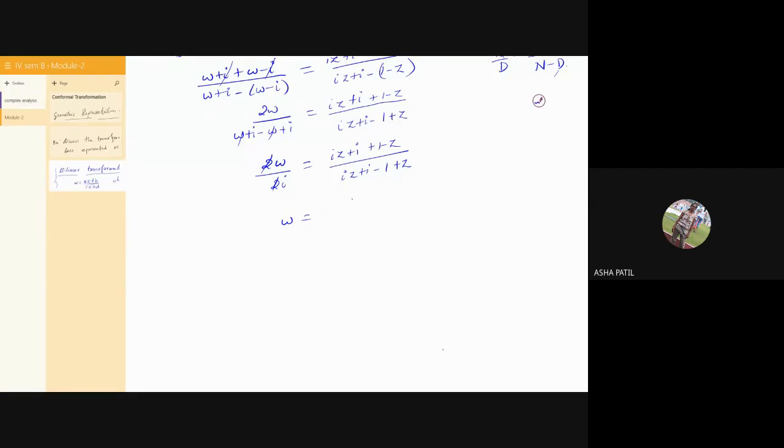If you multiply this I to the numerator terms, we get I square Z, that is minus Z, plus I square means minus 1, plus I into 1, minus I into Z, divided by this IZ plus I minus 1 plus Z.